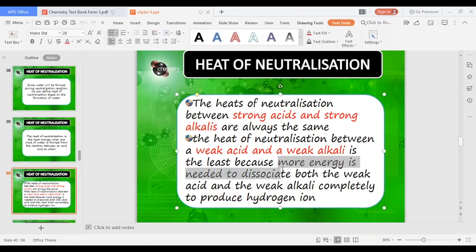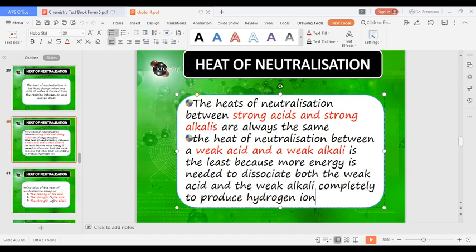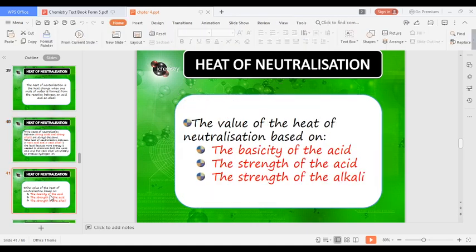Dia akan tanya, more energy is needed to dissociate both the weak acid and weak alkali completely to produce the hydrogen ion. Sebab itu saya kata kamu kena faham mengenai maksud strong acid, strong alkali, weak acid and weak alkali, concentration of hydrogen ion, concentration of hydroxide ion.